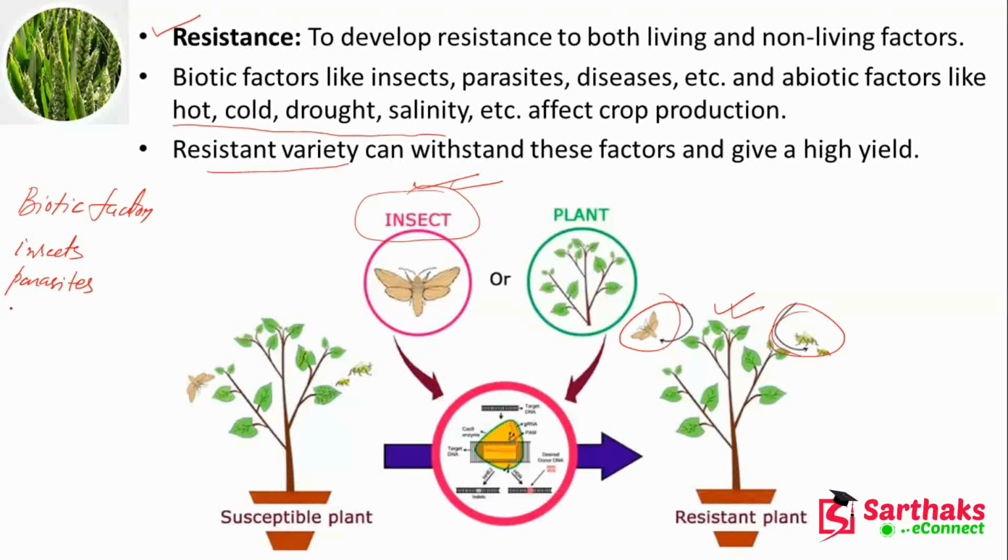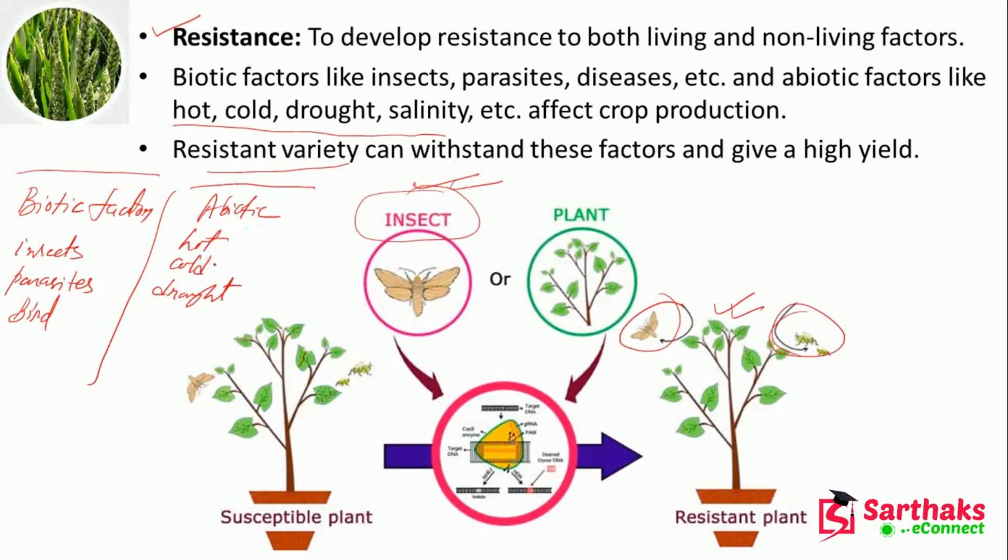The bird also is an important biotic factor. And for abiotic factors, here we have considered the temperature. That means how much cold is there, whether some drought is there. So we are considering all these things, and the crop should be resistant with respect to both biotic and abiotic factors.